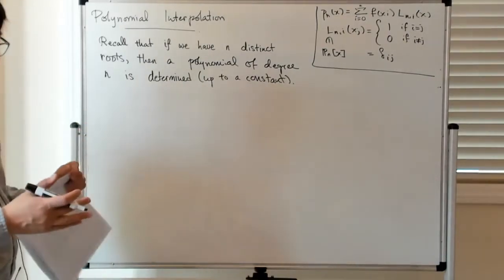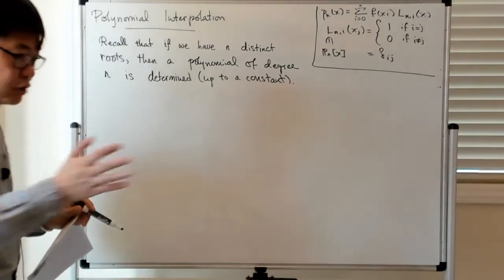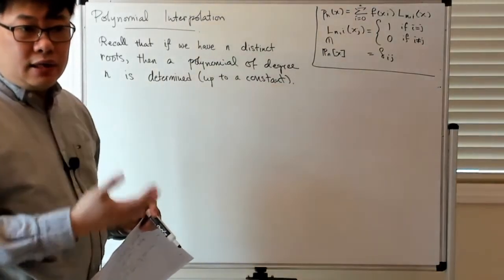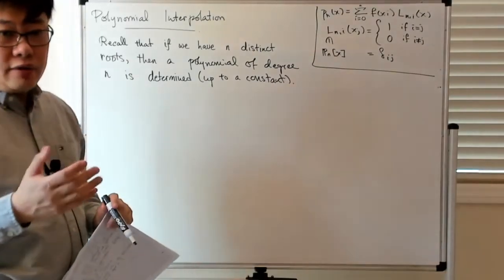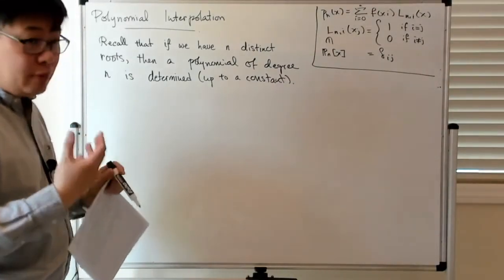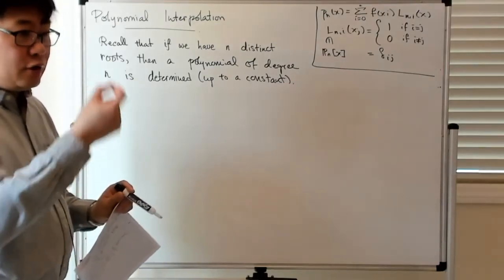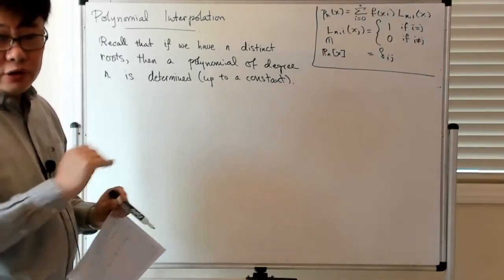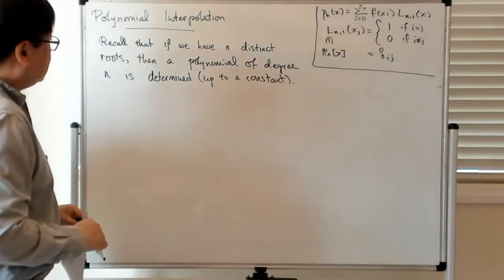The extreme case is the Taylor polynomial, where you give information about a function at just one point, but it involves the function value as well as a whole bunch of derivatives.